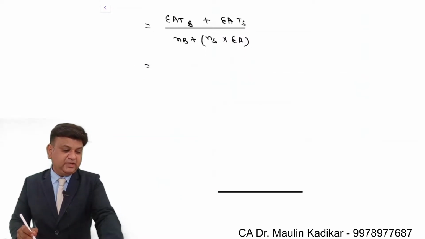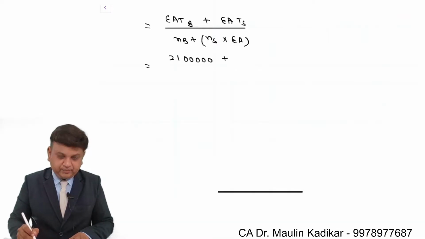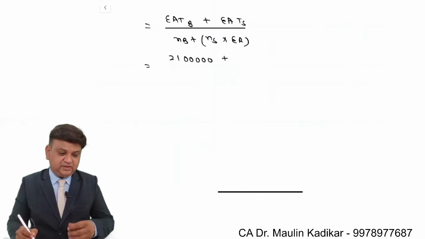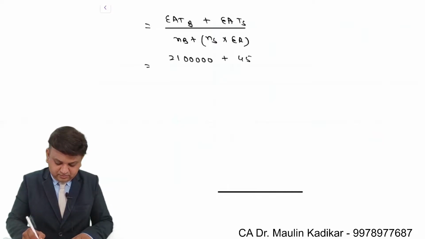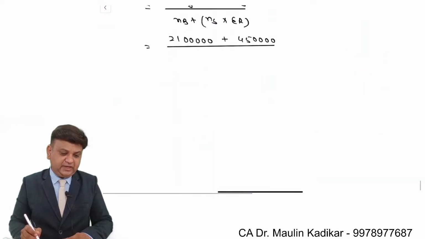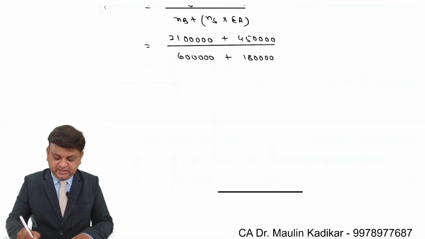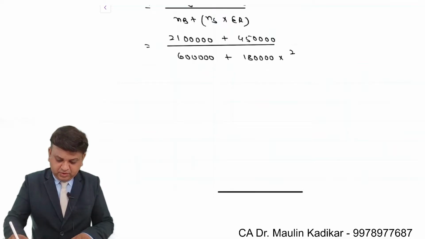As far as B Limited is concerned, its earning is 21 lakhs. For the target company, the earning is 4,50,000, divided by the number of equity shares of the acquiring company, 6 lakhs. For the target company, it is 1,80,000 into 2 divided by 3.